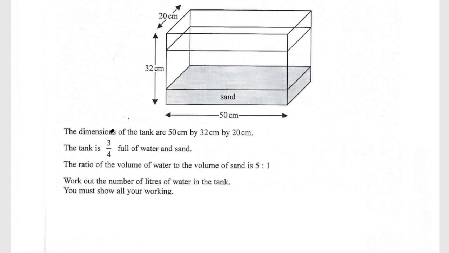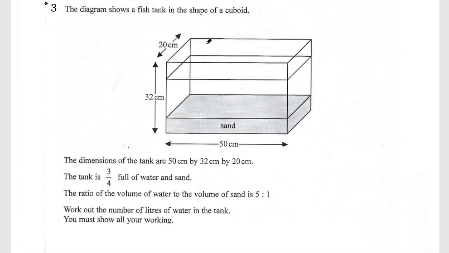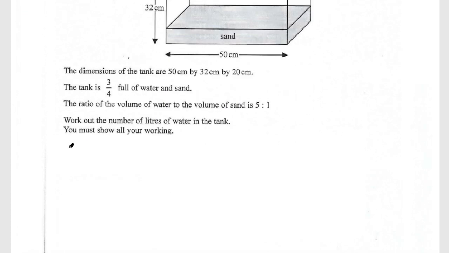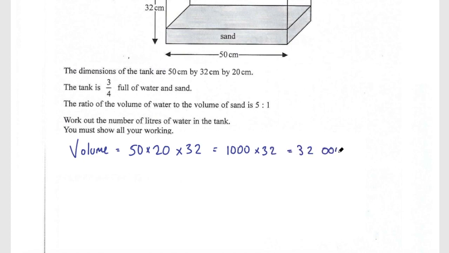So the way I approached this problem was to first find the total volume of the tank. So we can do that just by multiplying the dimensions together. So we've got 50 times 20 times 32, and 50 times 20, that's 1000, times 32, 32 times 1000, that's 32,000, and it's 3/4 full of water and sand.